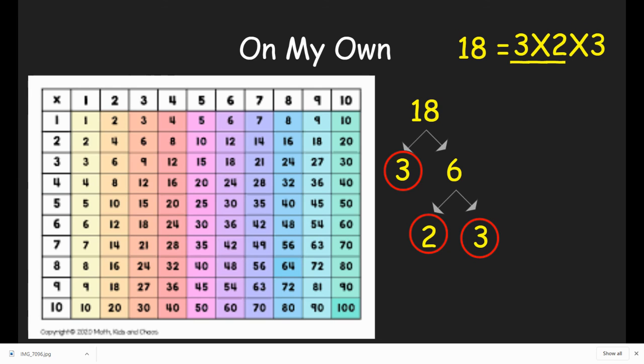3 is a prime number, so I will circle it. 9 is not a prime. 6 is not a prime number. So I will find out what other factors can make 6. And that would be 2 and 3. 2 and 3 are also prime numbers.